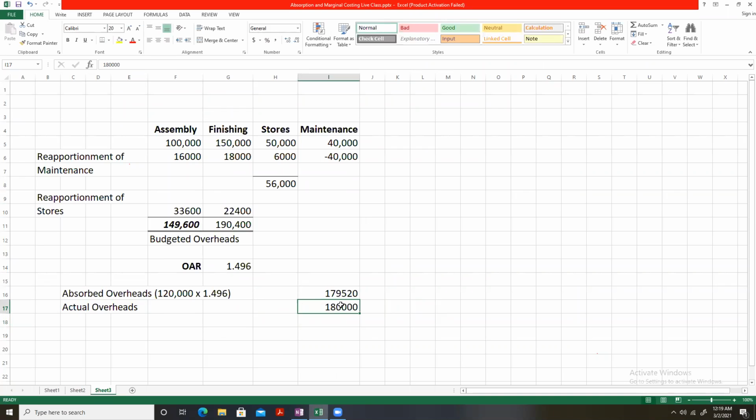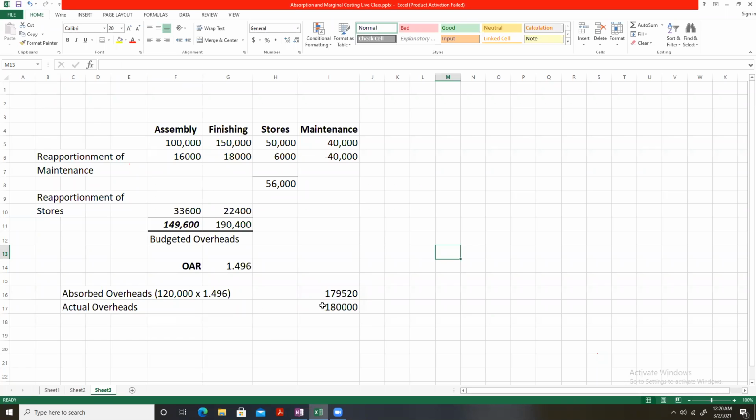Tell me whether these actual overheads are greater than or less than the absorbed overheads. Compare these two figures and let me know whether the overheads are under absorbed or over absorbed.